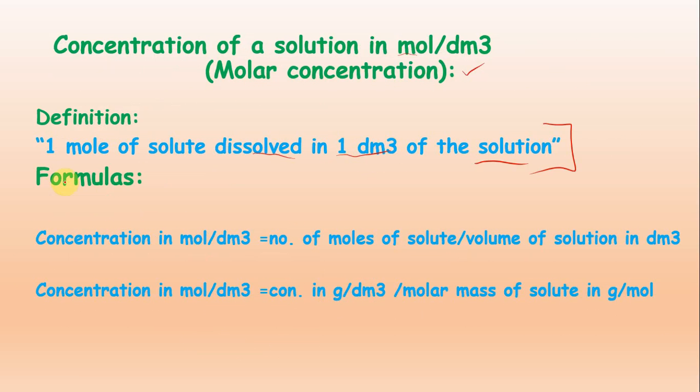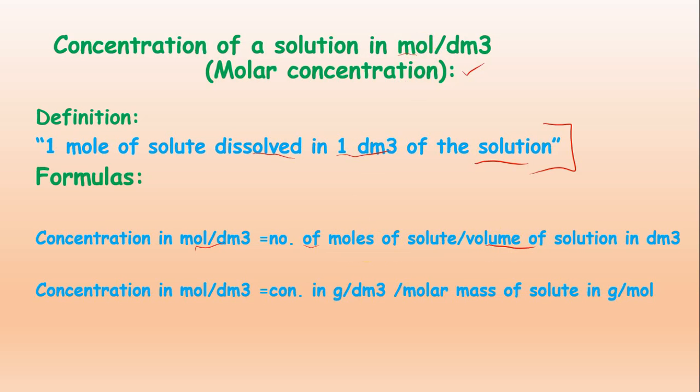Now what about the formulas? Concentration in mole per dm cube is equal to the number of moles of the solute, because we are discussing the molar concentration, divided by the volume of the solution in dm cube.